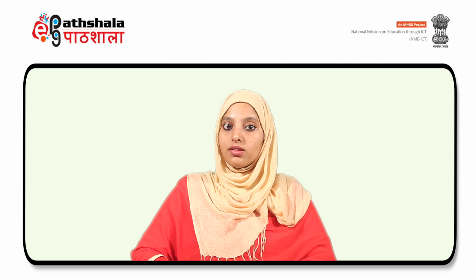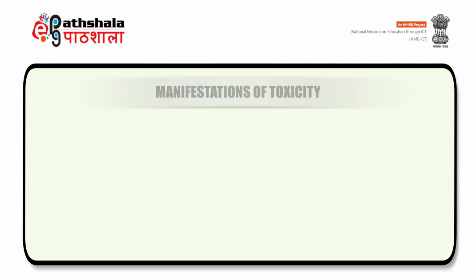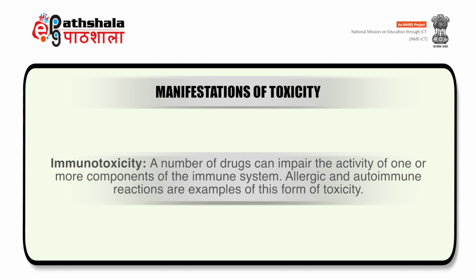The next type of toxicity is immunotoxicity. In this, the immune system is impaired upon exposure to a number of drugs and chemicals that are environmentally and occupationally important. One or more components of the immune system are affected by these xenobiotics, resulting in immunodeficiency or allergic and autoimmune reactions.